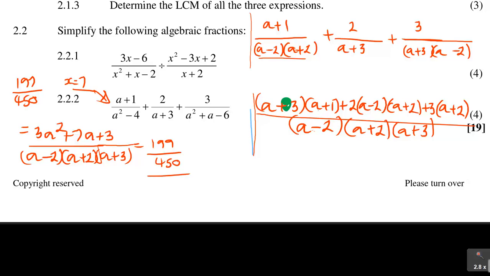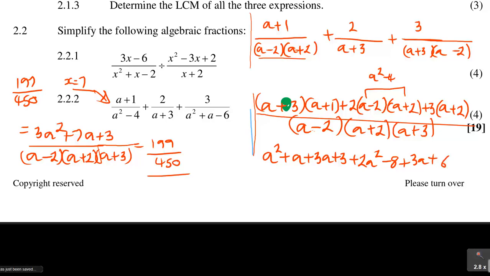So if I multiply a times a, it's a squared. A times 1, it's plus a, times 3, 3a, 3 times 1 is plus 3, and then plus, now this, as I said, it is similarly a squared minus 4. So 2 times a, it's 2a squared. 2 times minus 4 is minus 8. Then plus, then you expand the last one. 3 times a is 3a. 3 times 2, it is 6.